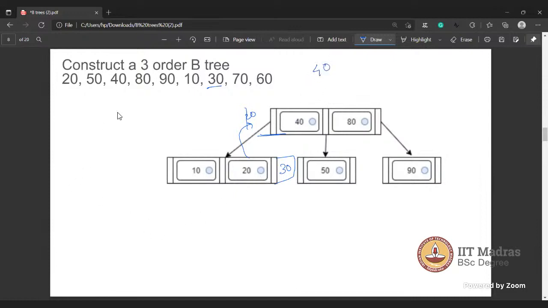So the resultant tree will be 40, then 20, then 80. Then 10 is less than 20, so it goes like this: 10. Then 30 is greater than 20, so 30.